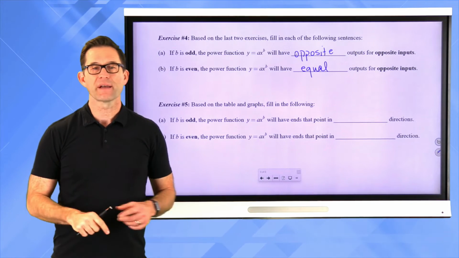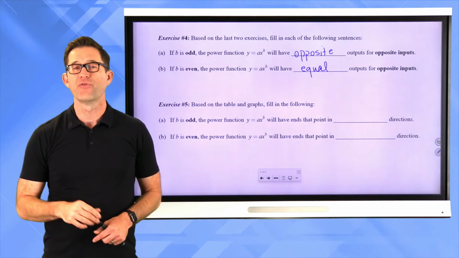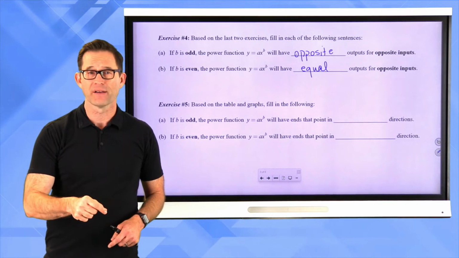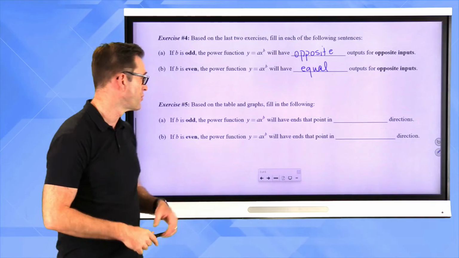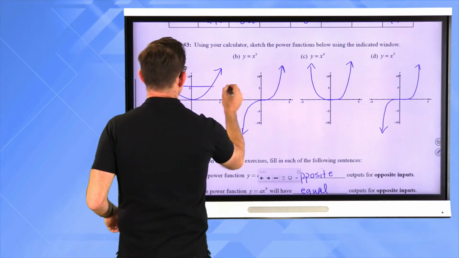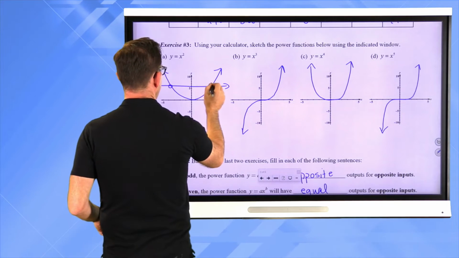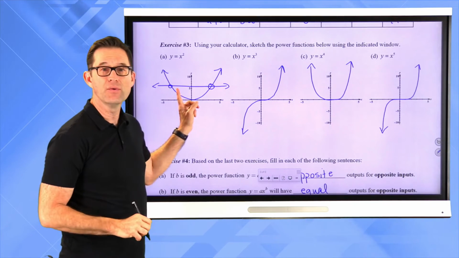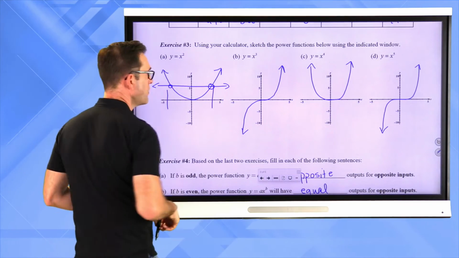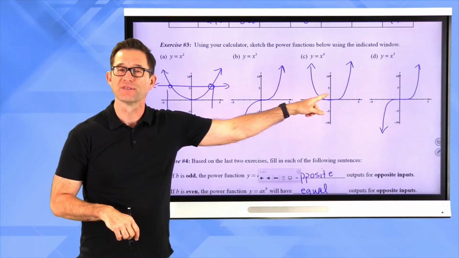So y equals x squared and y equals x to the 4th don't care if the input is negative or positive. It's going to give you the same thing, and that's why we get this great symmetry. I can literally draw a horizontal line, and those 2 outputs are the same for those opposite inputs. Same thing for y equals x to the 4th.